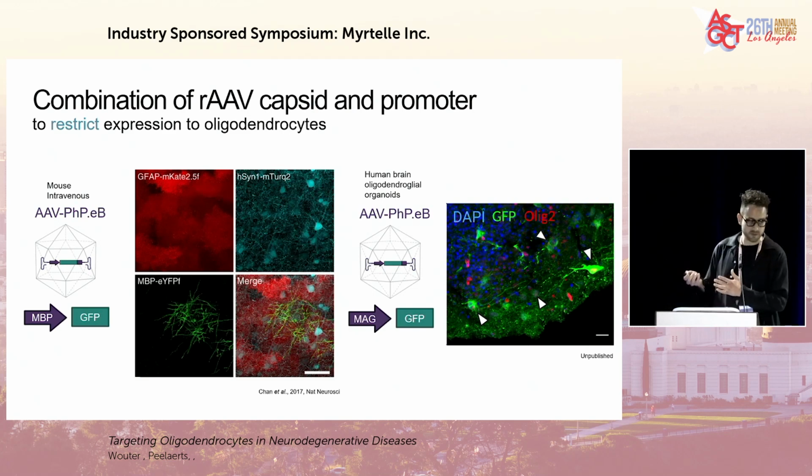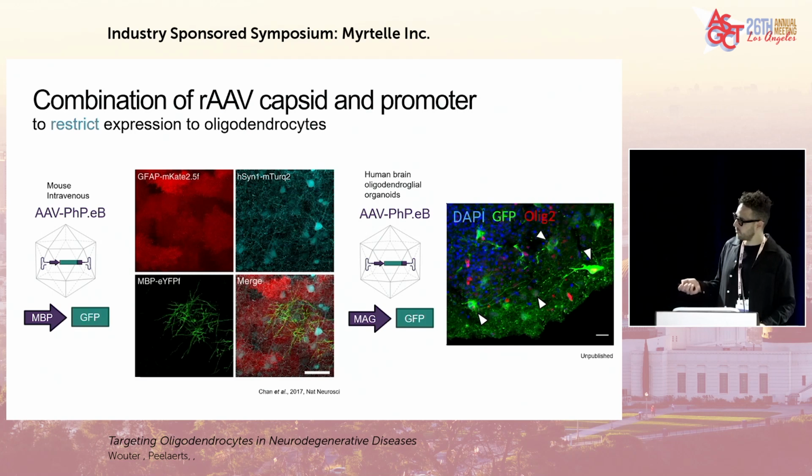By using different cell-specific promoters, you can get specific expression in astrocytes, neurons, and oligodendrocytes, and just combined, you can see those differentially expressed reporter genes. We've also used this in human oligodendroglial brain organoids to see if we could also transduce and target human oligodendroglial cells in those organoids.